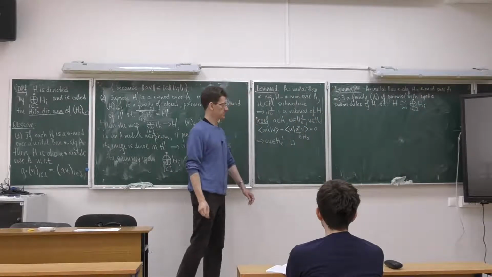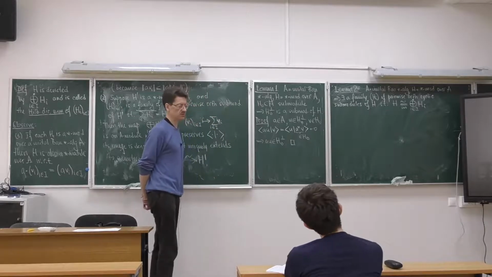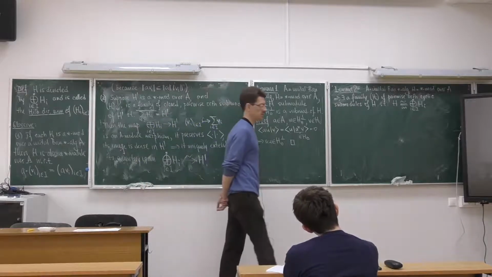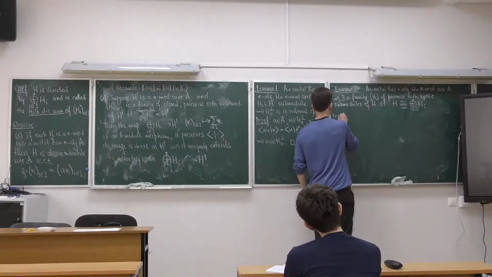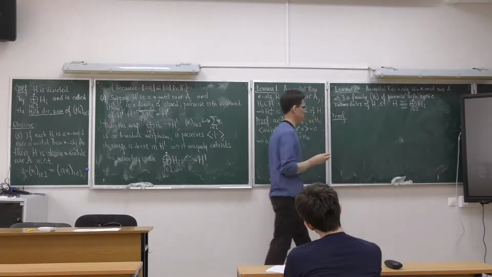So this enables us to reduce arbitrary star modules to cyclic star modules. And the proof is a standard application of Zorn's lemma.